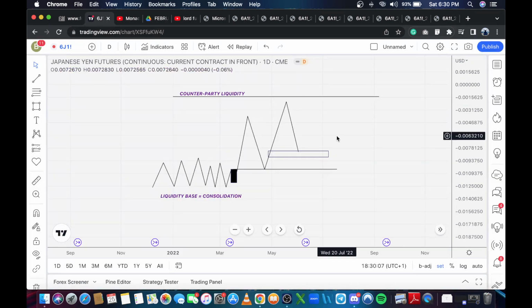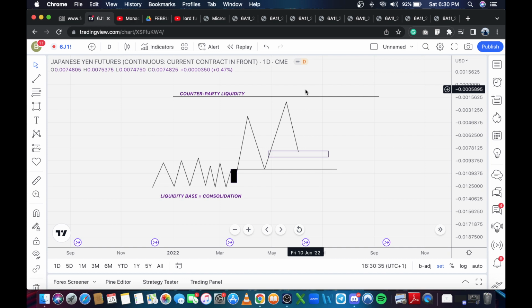Remember, reversal is going against the current market delivery profile. So if the current market delivery profile is bullish, then we're going to have counterparty liquidity up here, because before we can shift the current delivery profile, the pending or current liquidity profile has to be exited in the marketplace for a new delivery profile to occur in price.